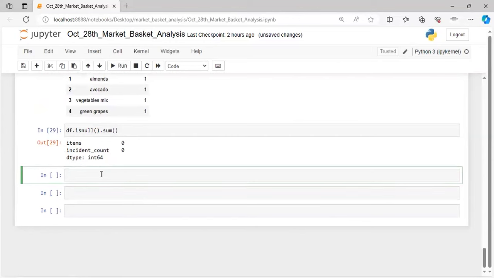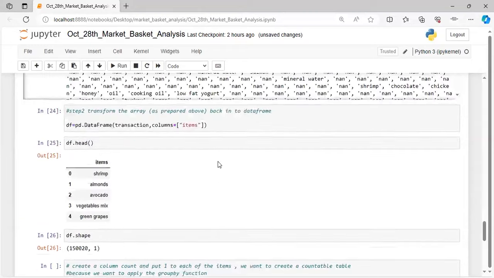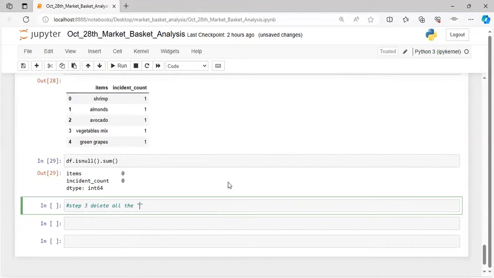But we want to delete them. This is step 3: delete all the NaN items from the data set. It is considering NaN as a string, not as a null value, so you have to do it.